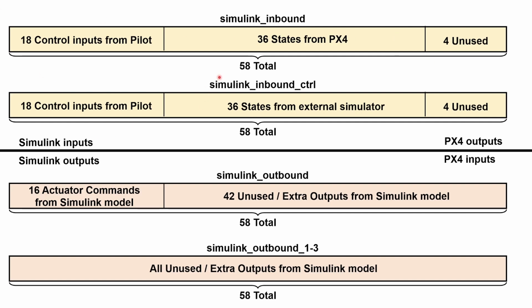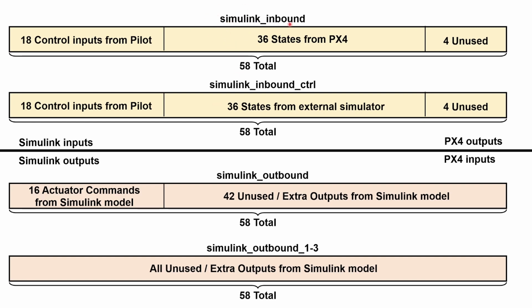Then there is an additional, I guess, also optional topic. It's called Simulink inbound appended with control. This is not used primarily for flight experiments. This was implemented, essentially it's a copy. It's the exact same structure, the exact same topic as on top.